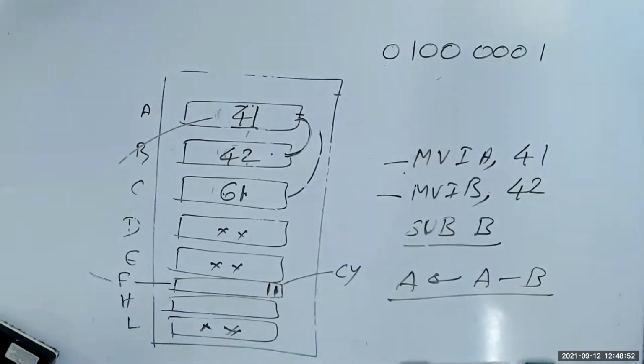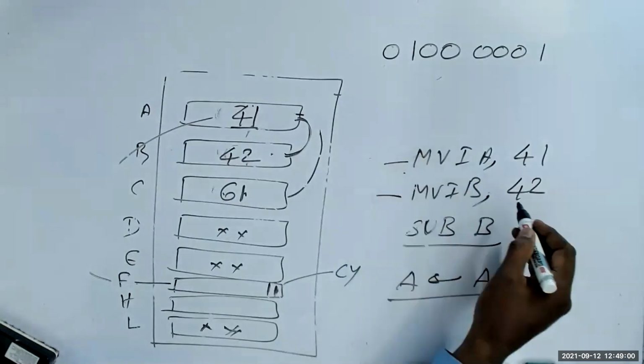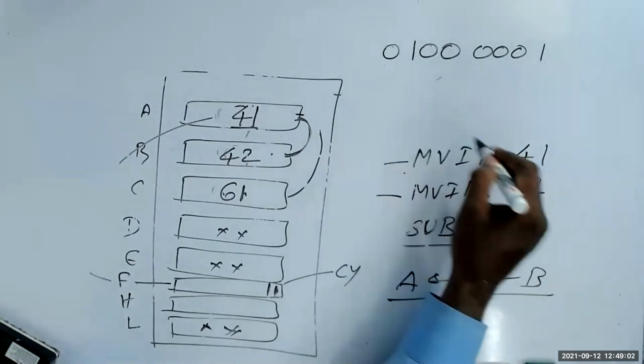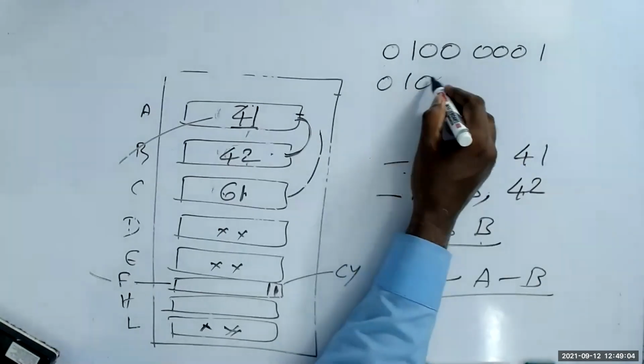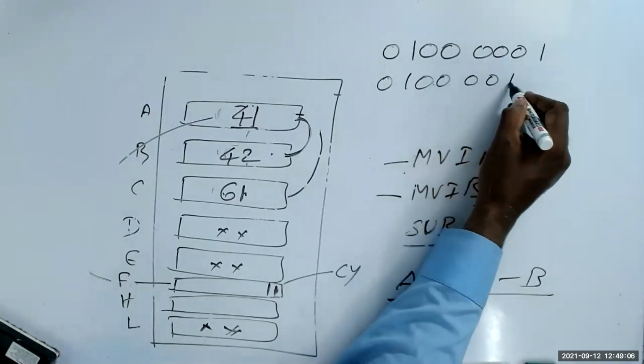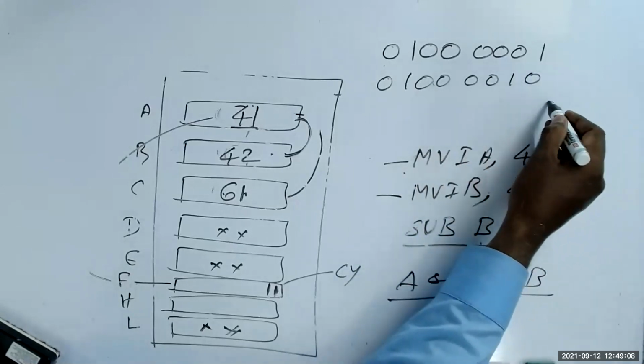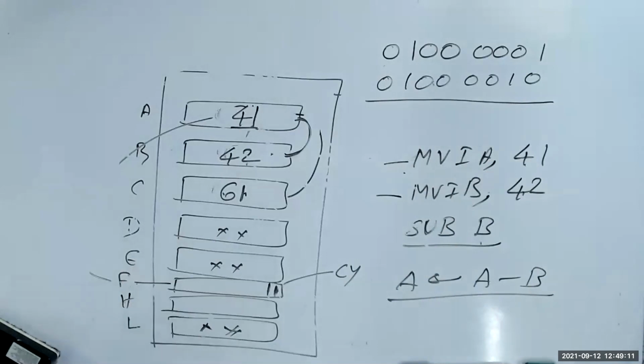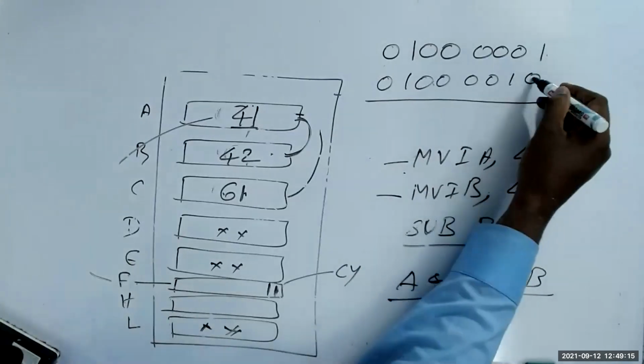That is what your A is. Then what is B? 42: 0, 1, 0, 0, 0, 0, 1, 0. Am I right? So simple. You have to subtract. How do you subtract? 1 minus 0 is 1.